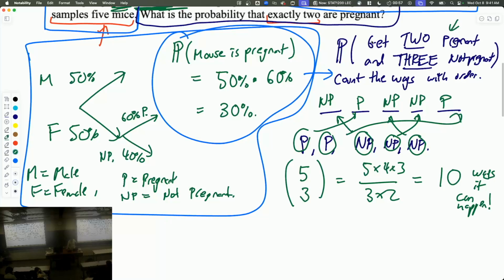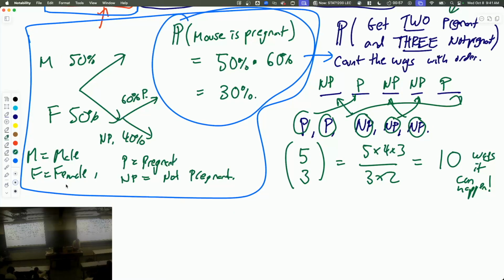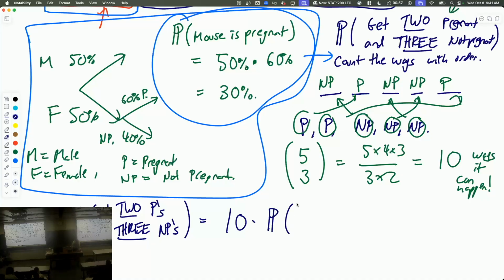So therefore the probability that we are looking for, get 2 P's and 3 NP's, is 10 times the probability of any individual outcome. And the individual outcomes here are any one like this. Just for simplicity, I'm going to do the one that's in order.